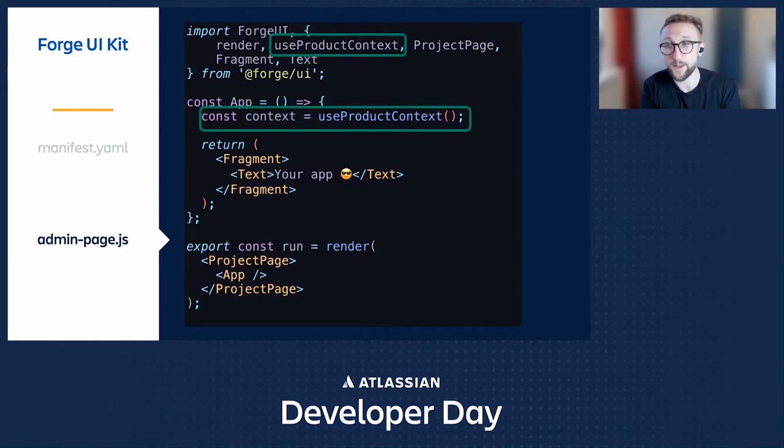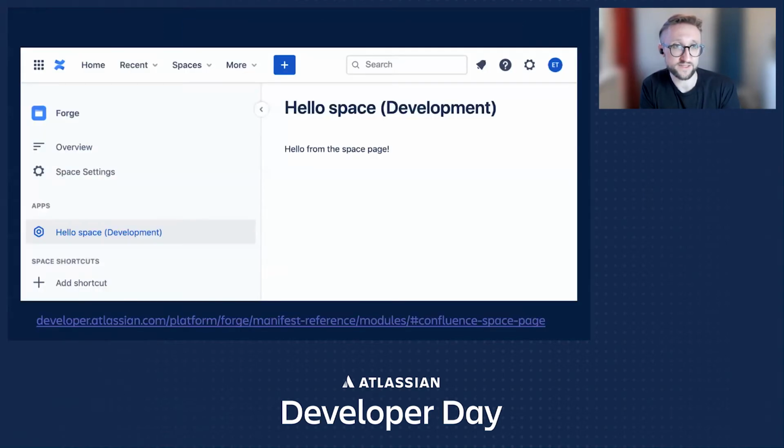Okay, so I talked about full page extension points in Jira a lot. But Confluence also has those. First one is space page. I think about it as the equivalent of the project page in Jira because it's specific to the space.